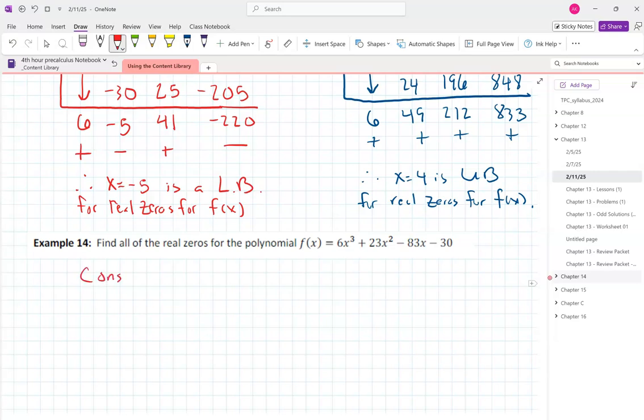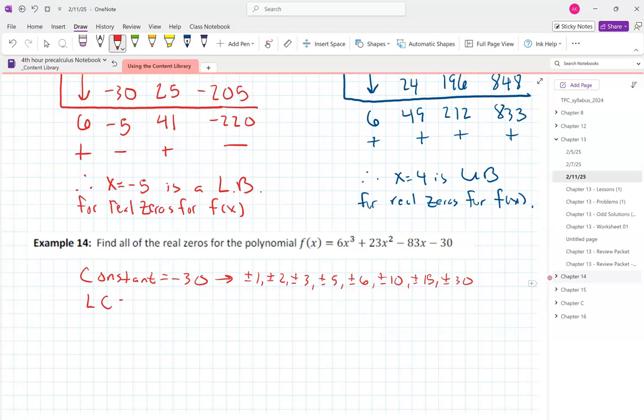I'm going to start by making my PQ list. So my constant term is -30, so my factors are 1, 2, 3, 5, 6, 10, 15, 30.